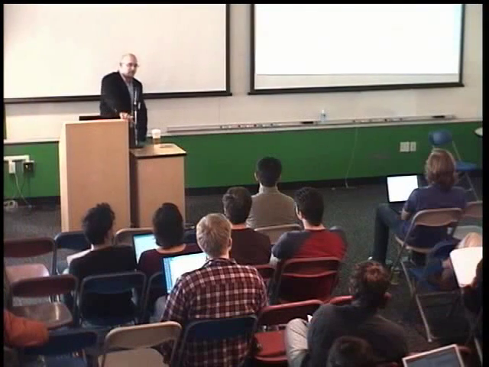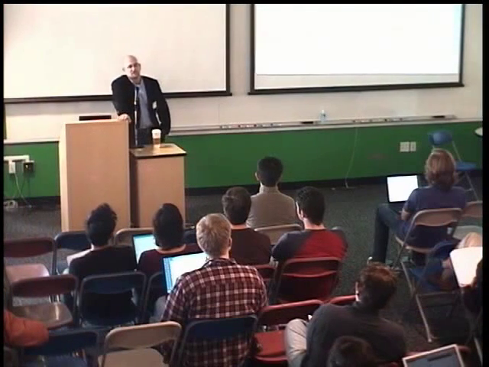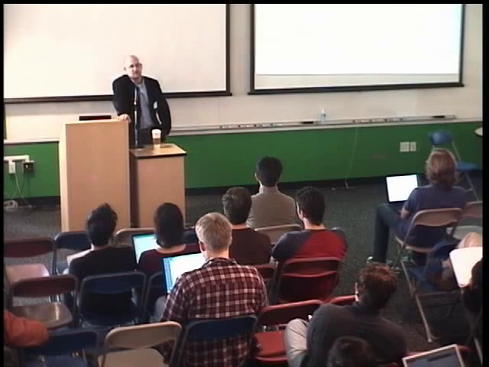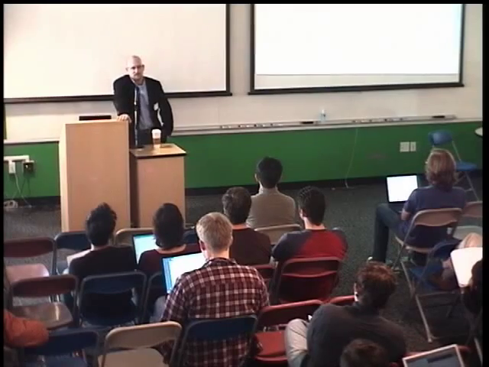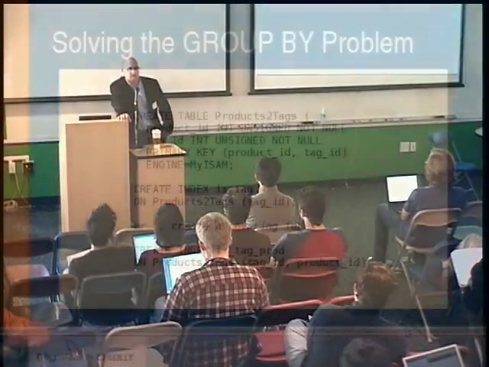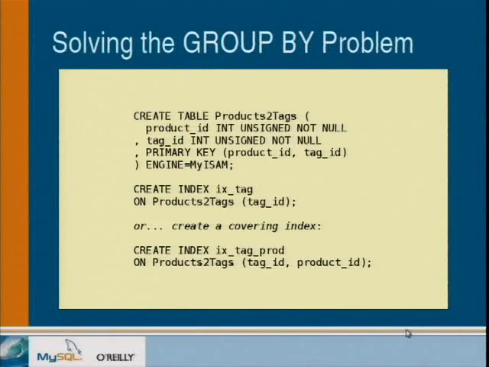Exactly. Because it's a clustered index organization in InnoDB, every time you add an index on a field that's not the primary key, the primary key is actually appended to every single non-primary key index record. So if you've got a primary key product ID, tag ID, and you add an index on tag ID, product ID, you're being redundant because you've already got the product ID actually in the index record in InnoDB.